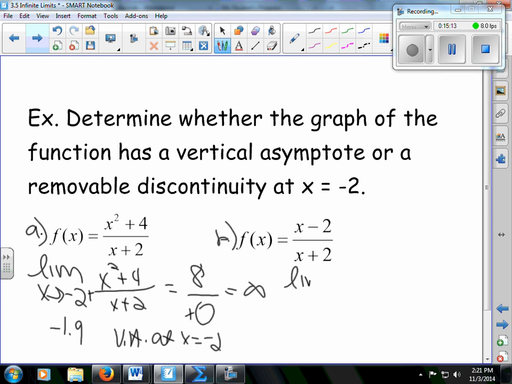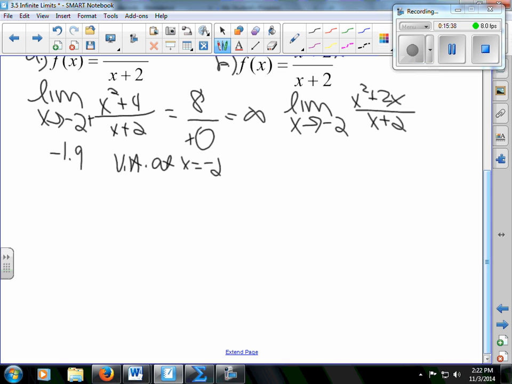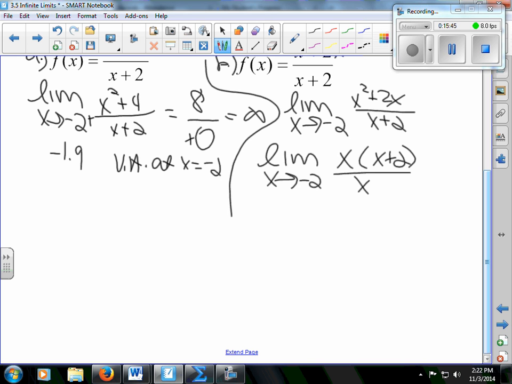If I do the limit as x approaches negative 2, this is a boring example. Let me change this. Let's make this x squared plus 2x. Now if I do the limit as x approaches negative 2 of x squared plus 2x over x plus 2, notice my numerator factors: x times x plus 2, the x plus 2's cancel, and I get an answer of negative 2.